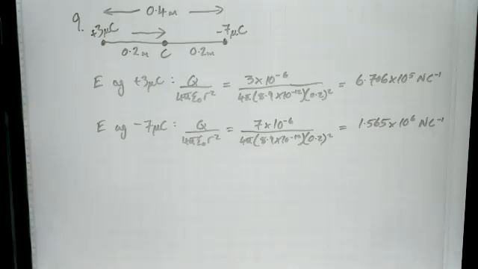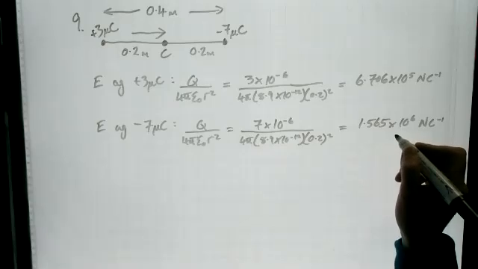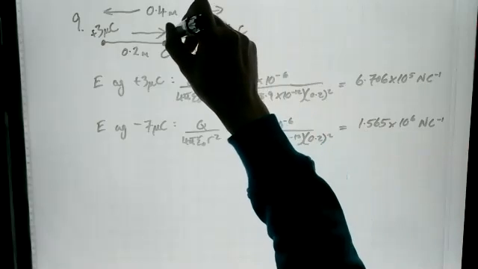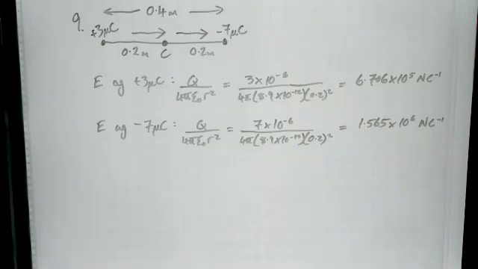Now, because there's a -7, the field goes towards the -7 microcoulomb charge.